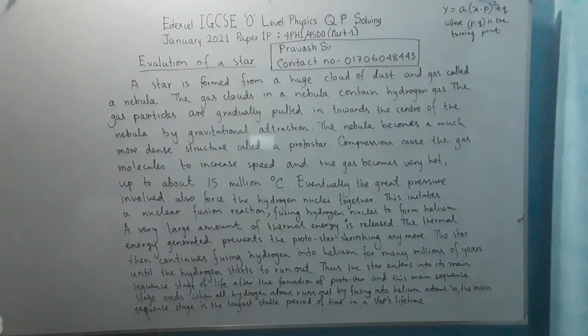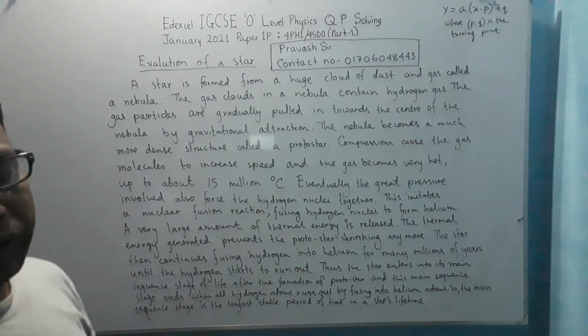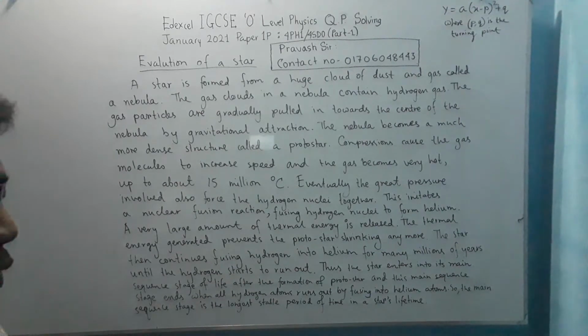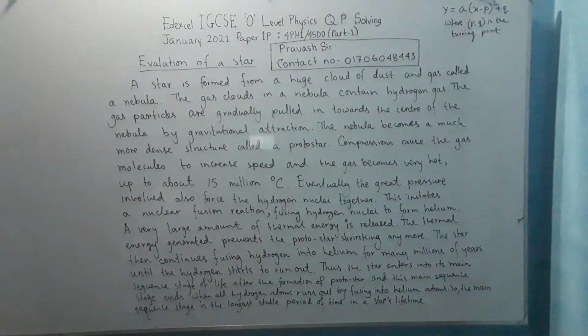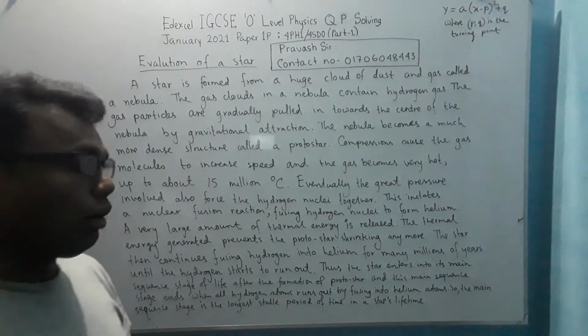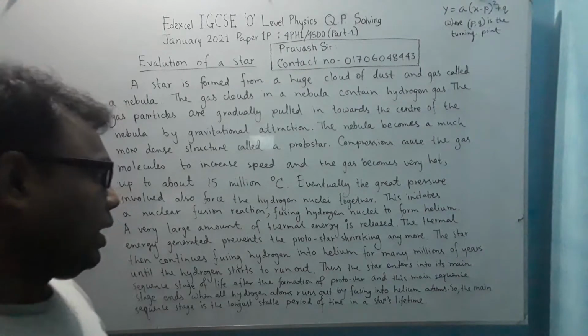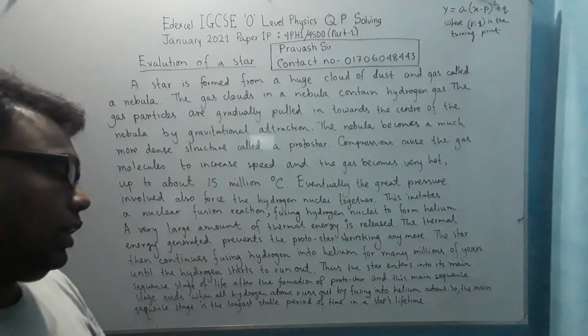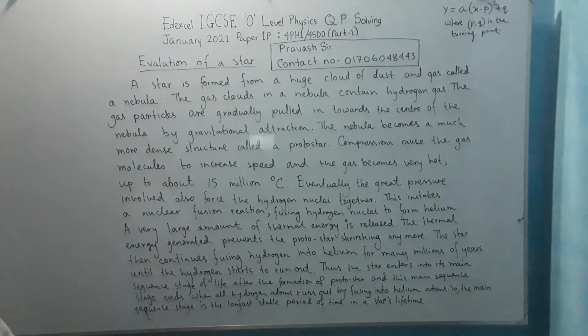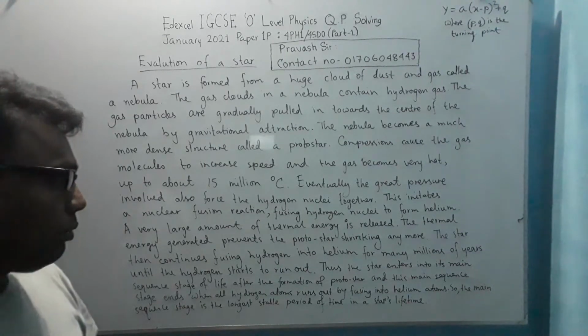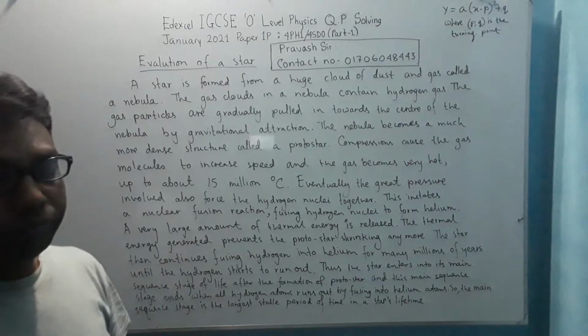Thus, the star enters into its main sequence stage of life after the formation of the protostar, and this main sequence stage ends when all the hydrogen nuclei run out by fusing into helium nuclei. The main sequence stage is the longest stable period in a star's lifetime.